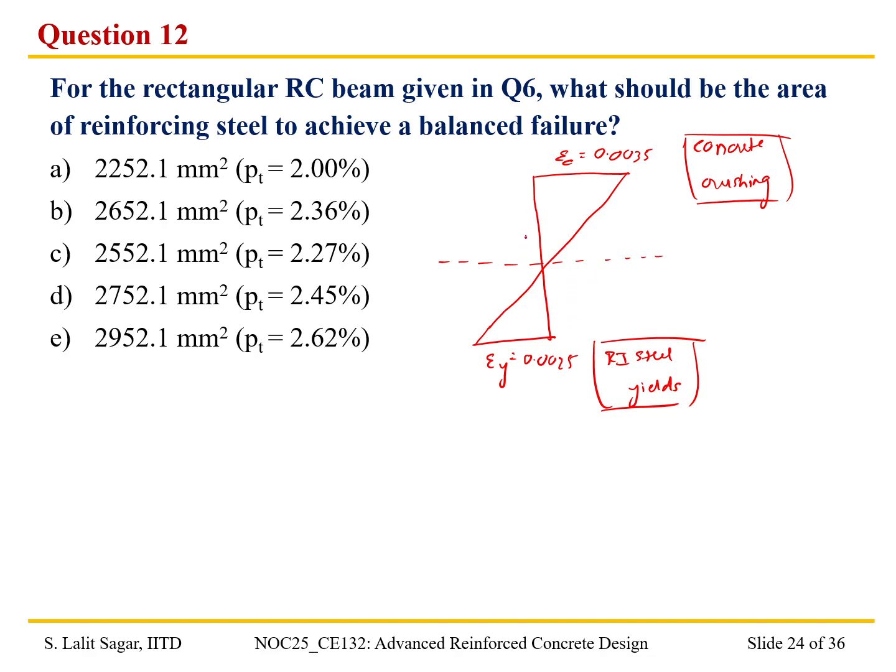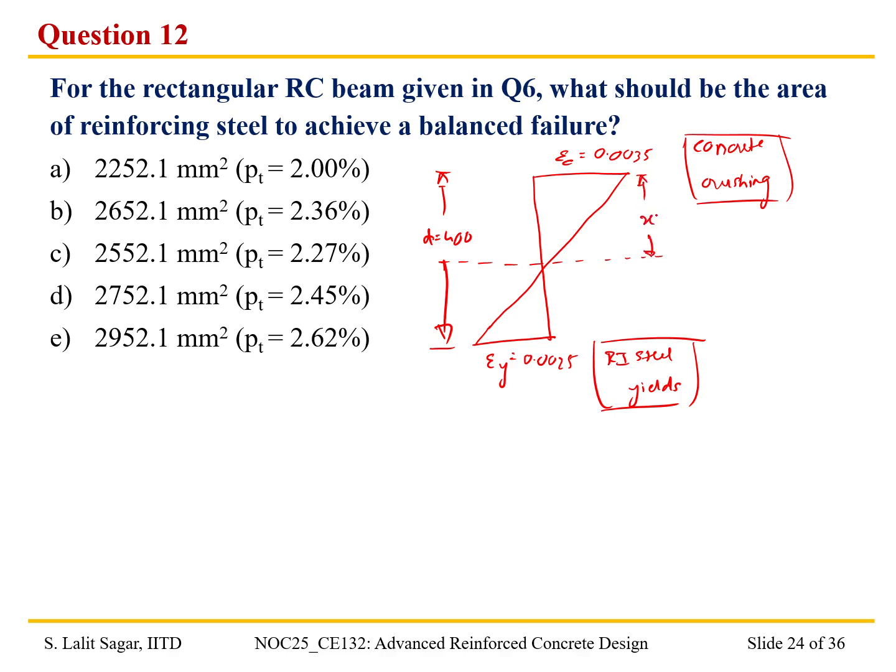So now we have these two similar triangles, and we know the value of the effective depth. So effective depth d is equal to 400 millimeter. From this, we can determine the depth of the neutral axis.